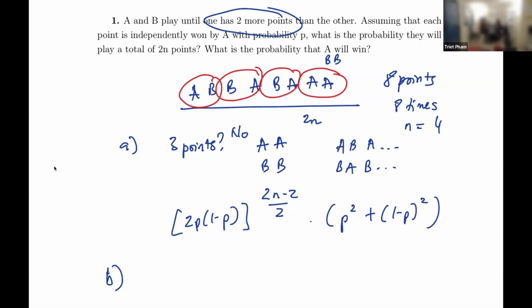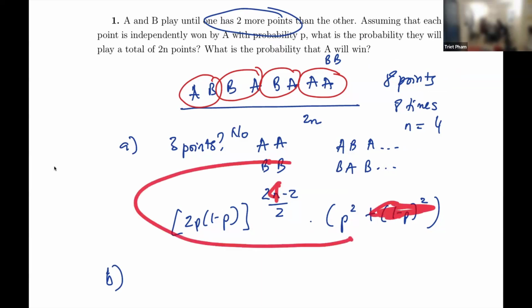But we want to ask, what's the probability A will win, period, without any specific length. For example, if you want the probability A would win in, let's say, 8 points, then you would use this answer with n equals 4, and then you would take P squared.